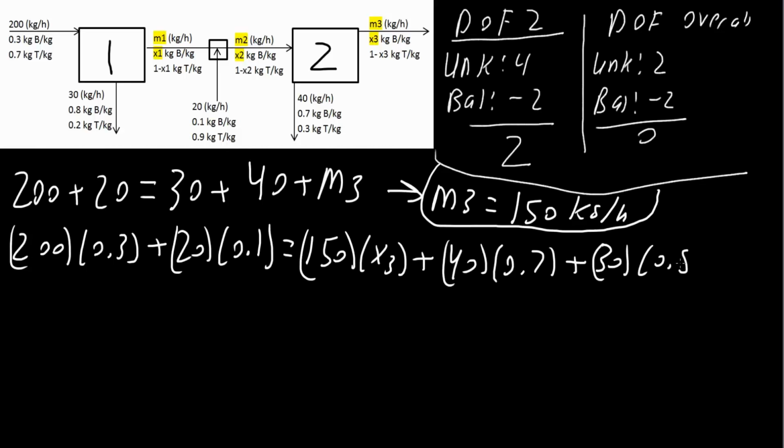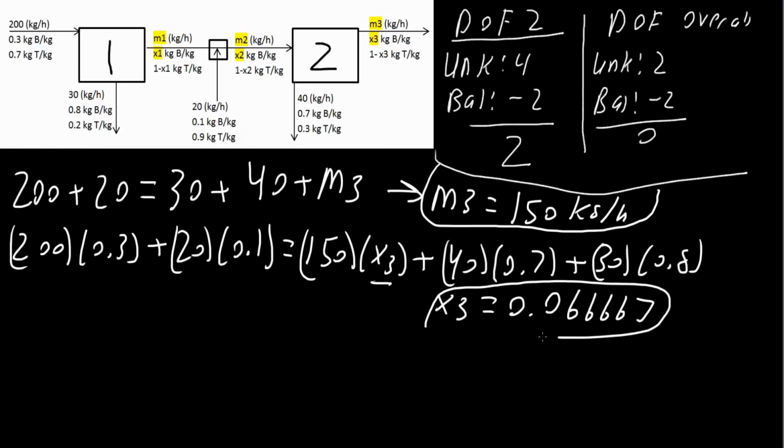I'm just taking the B component, and by doing this we will get X3, and X3 will equal 0.066667.